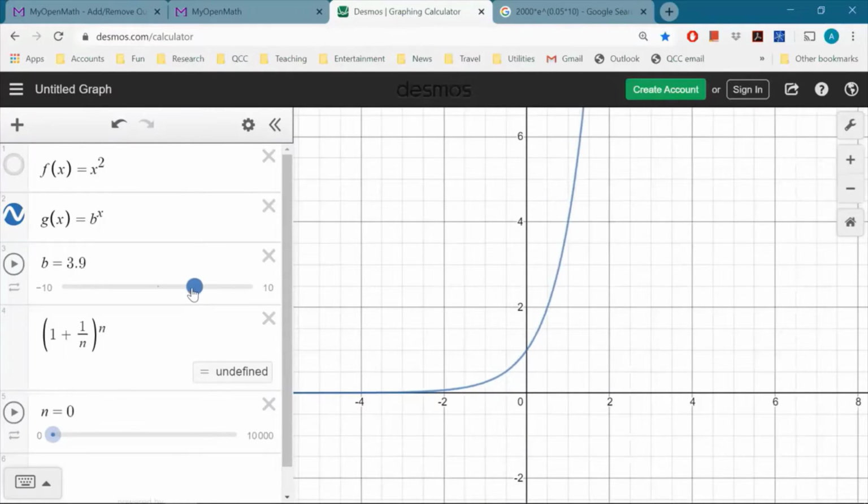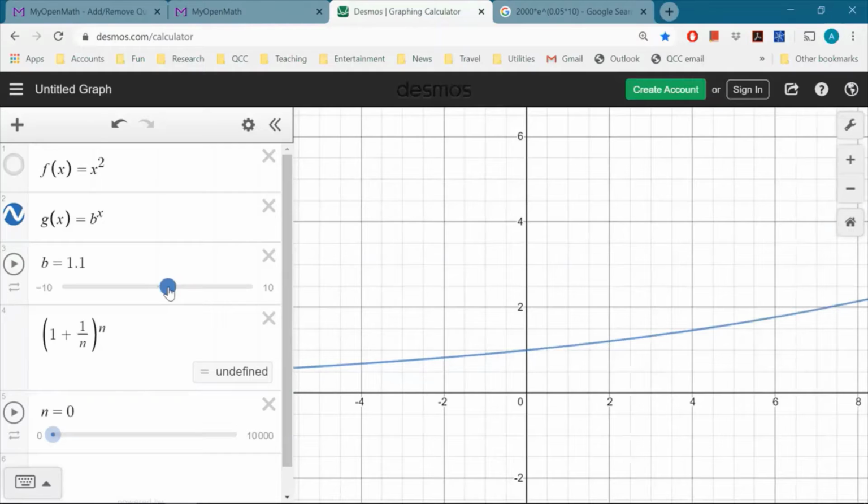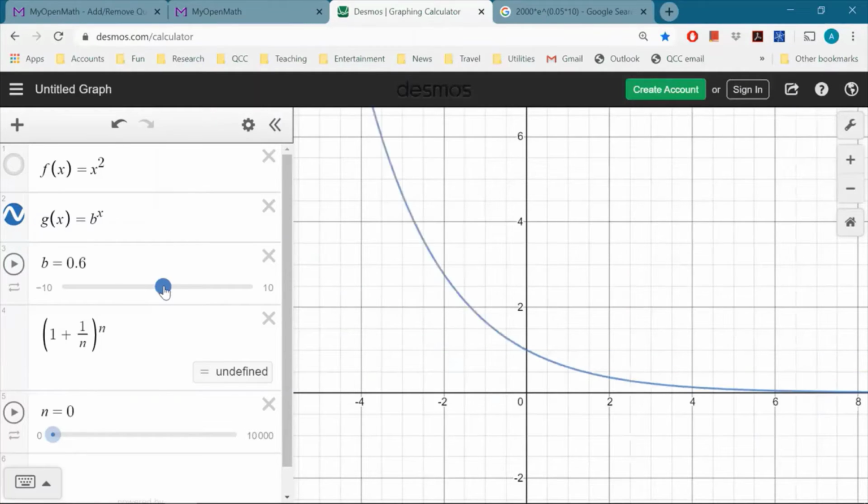When b starts to decrease and gets close to 1, you can see it flattens out a little bit. b is not allowed to equal 1, because at that point it just becomes a straight horizontal line. But it still makes sense. It's just we don't call it an exponential function. Look what happens when b dips below 1. Oh, look at this. It flips.